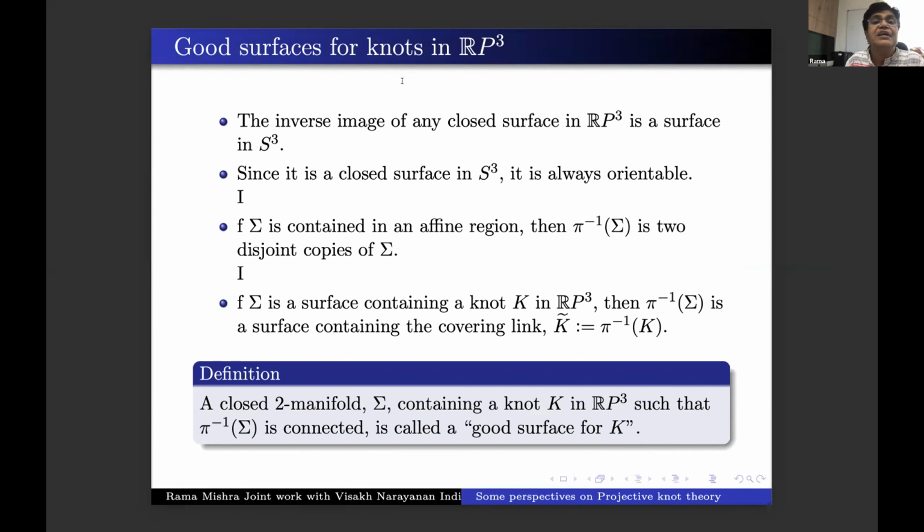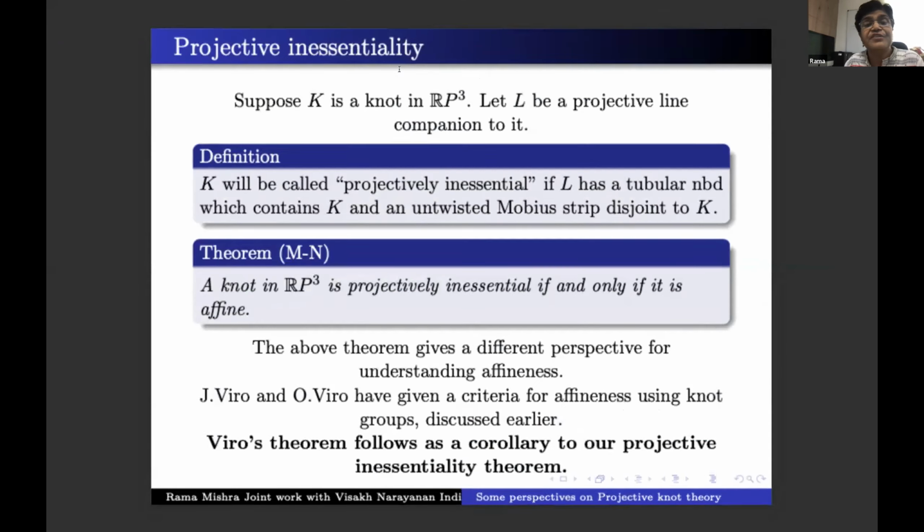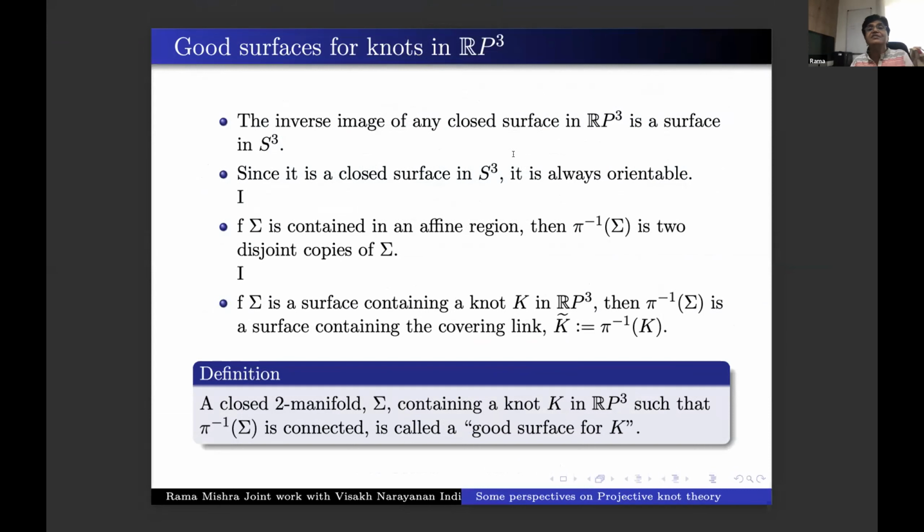But here, the notion of Seifert surfaces, which are used to define genus, is not very adequate, because you cannot always find a surface which bounds a knot, since H1 is not trivial here. So saying that we can always find a surface whose boundary is our given knot will not work. Instead, we can have a closed surface which contains a knot.